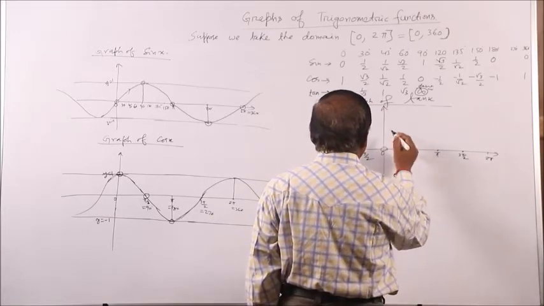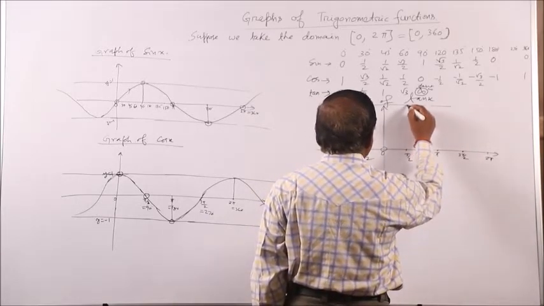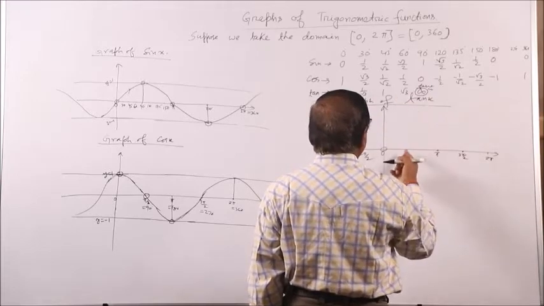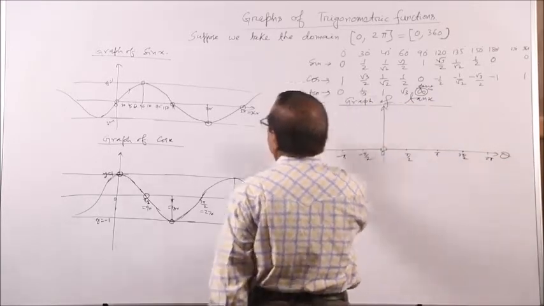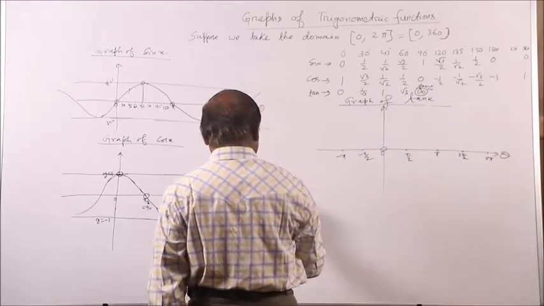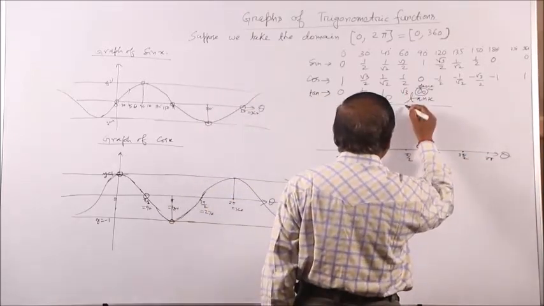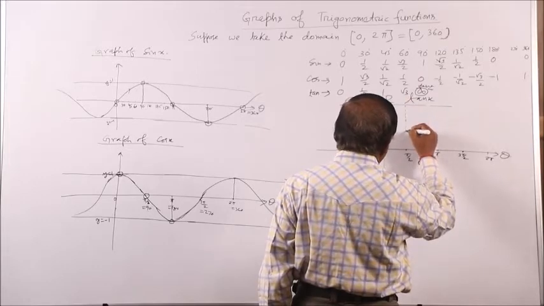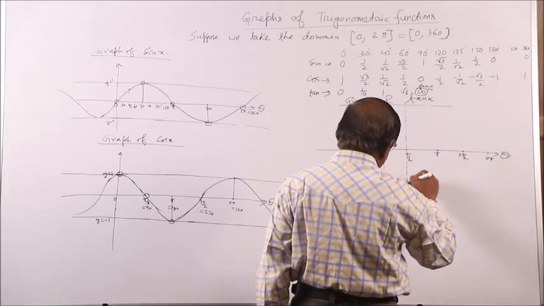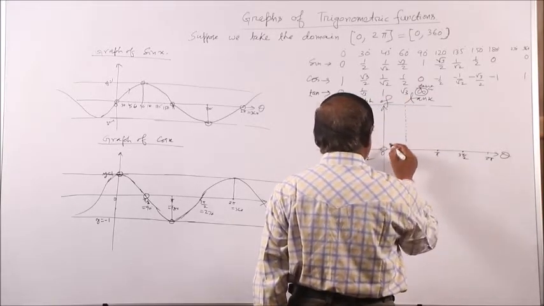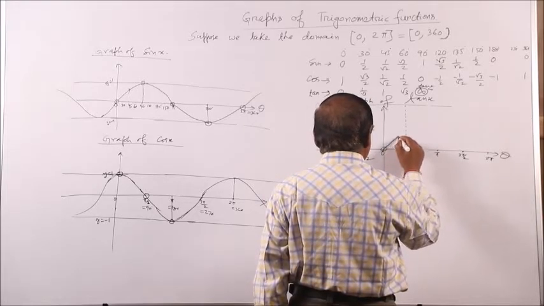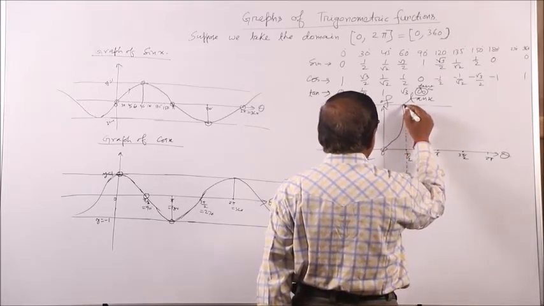and the graph will be like this at 90, when the value of theta is 90, you see. So, what happens? Does not exist. So, you draw this, the graph will be like this, because it goes to infinity.